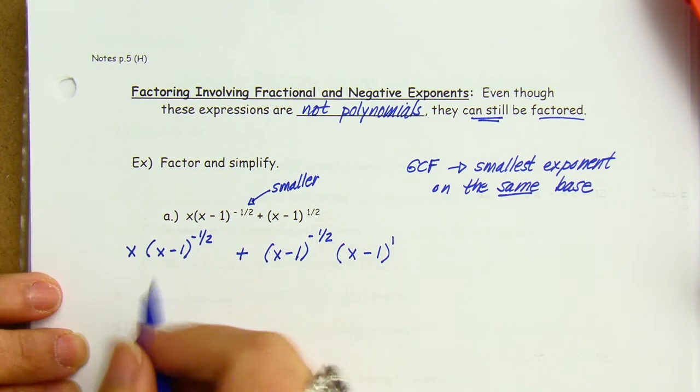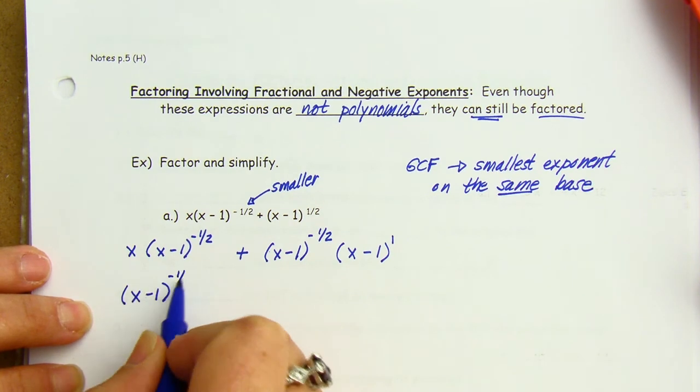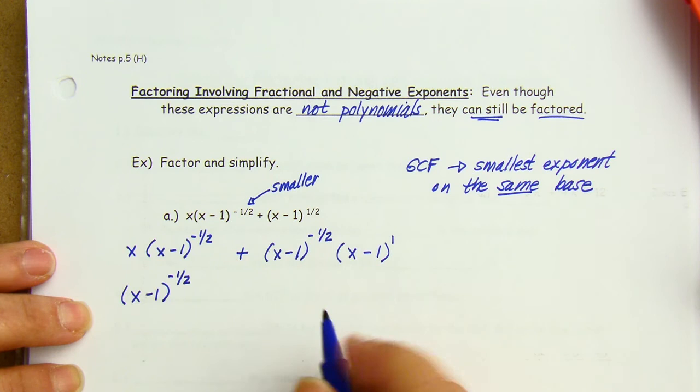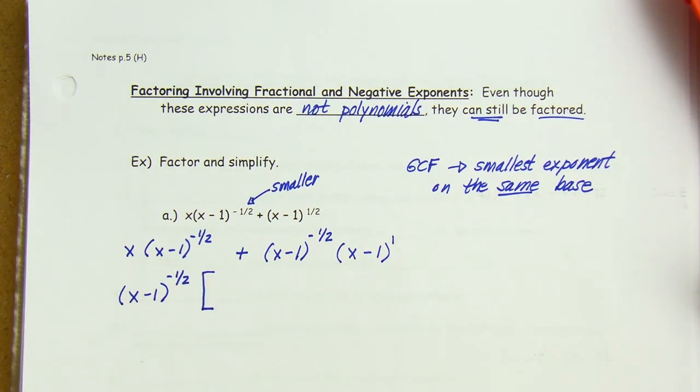And my GCF is quantity x minus 1 to the negative 1/2 power. In brackets, I just use brackets instead of parentheses because it gets too many parentheses involved, and then you don't know where the grouping symbols are. So remember what I said before. Factor means divide.